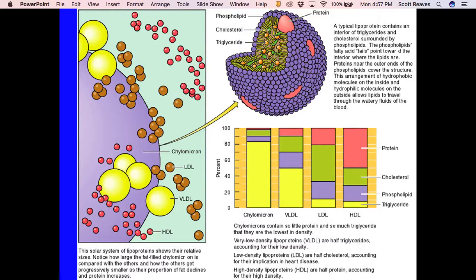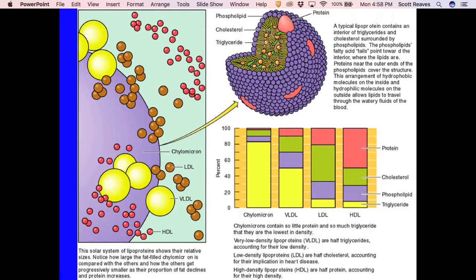And now let's look at these. These are the more famous ones, LDL and HDL. What do we say about LDL, good or bad? You say that's the bad one. HDL is the good one. Look at their composition. They tend to have more cholesterol than triglyceride. So remember, LDL and HDL are cholesterol rich.